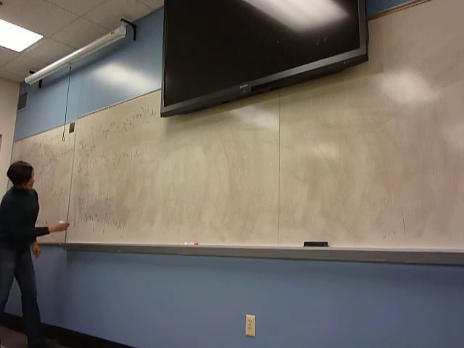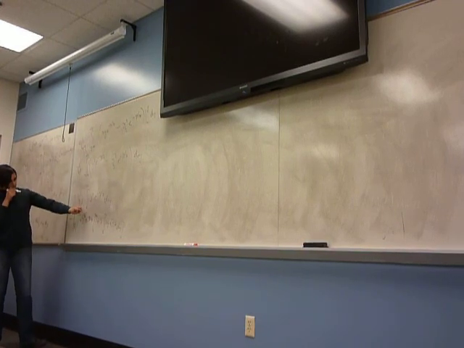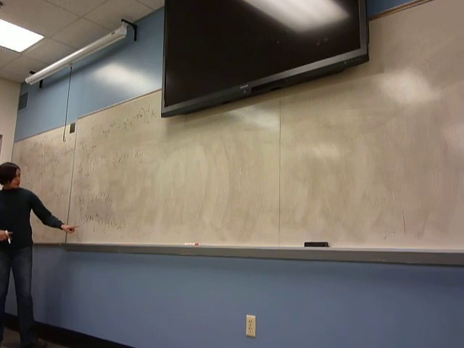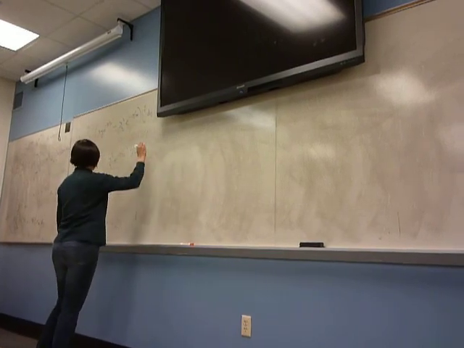When I plug in, as y approaches infinity, e to the negative y over 7 goes to 0 faster than this goes to infinity, so that's 0. Minus, when I plug in 0, I get 0 again. So I can ignore that.